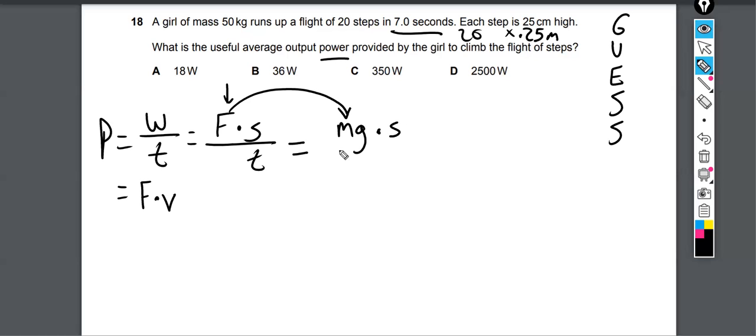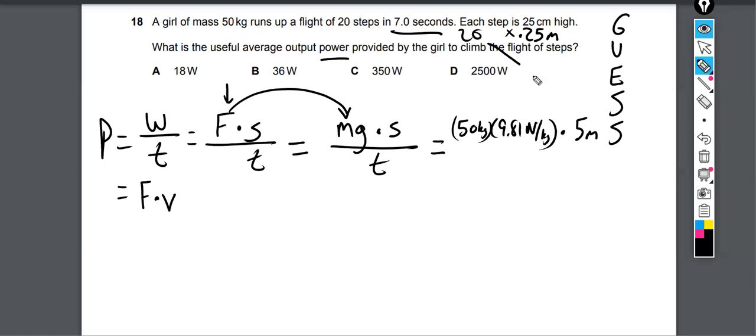I'm just going to leave this S for now. Everything here is just, in general, the variables. Now we can start to substitute. So 50 kilograms times 9.81 newtons per kilogram, that's my mg force. The displacement is the product of the 20 steps times the height of each step, and so that's 5 meters. Think about where that comes from.